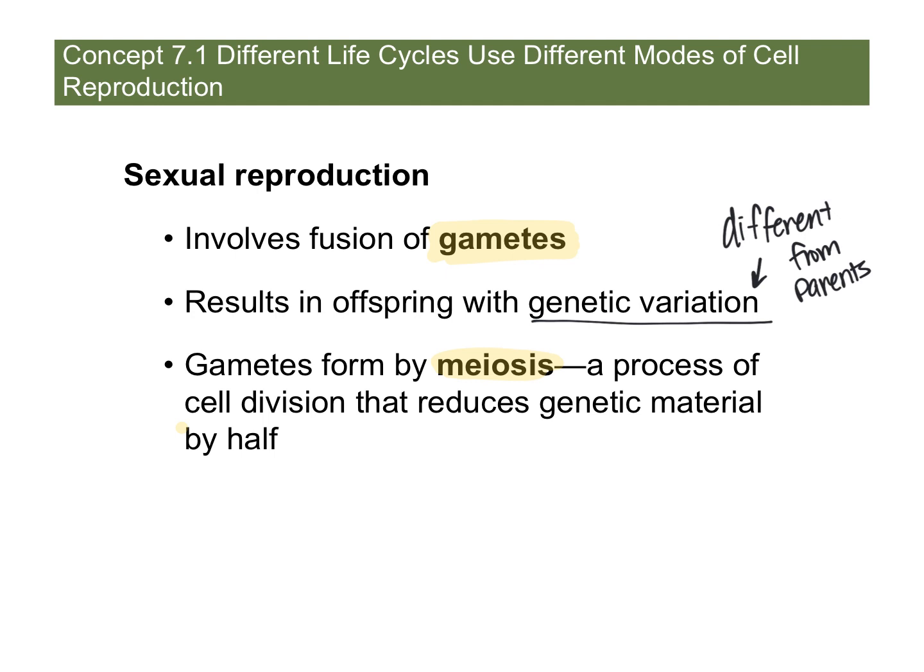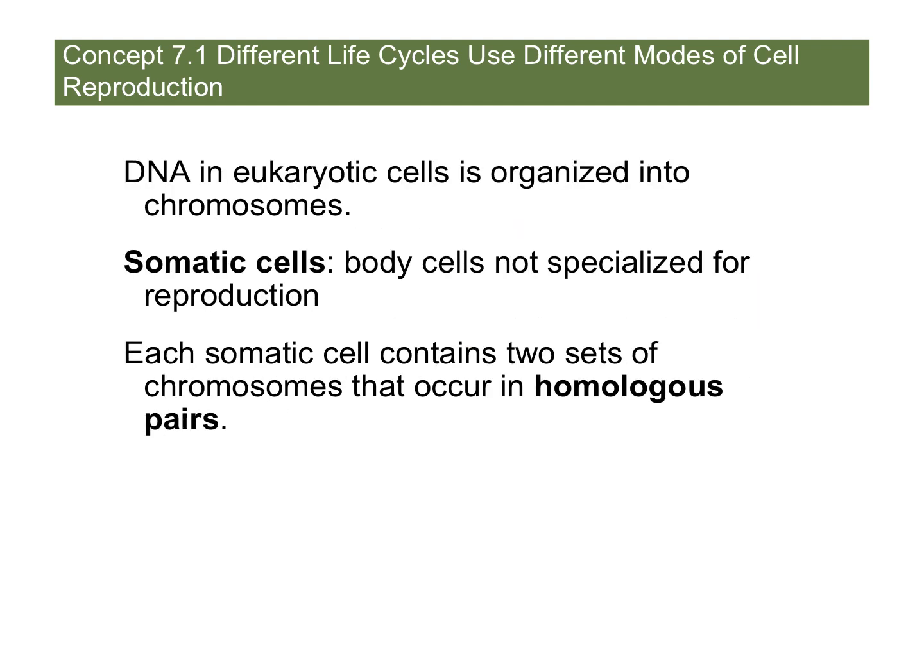This is where the genetic information is going to be cut in half, or reduced to half. Now, the DNA in eukaryotic cells is organized into very complex structures called chromosomes, and you'll frequently see me drawing them like this. Now, when cells divide, there are two types of cells.